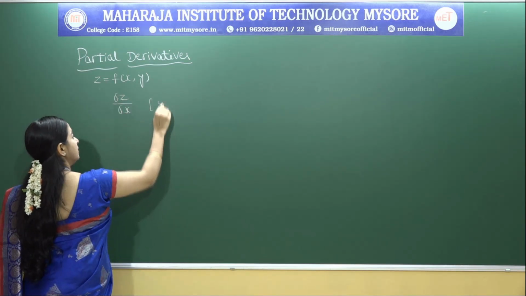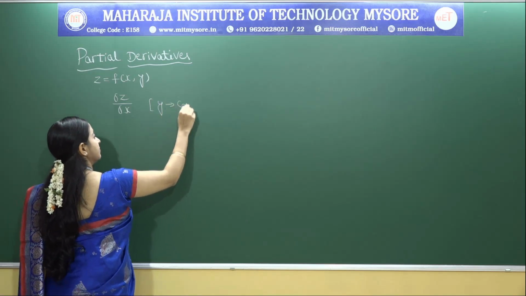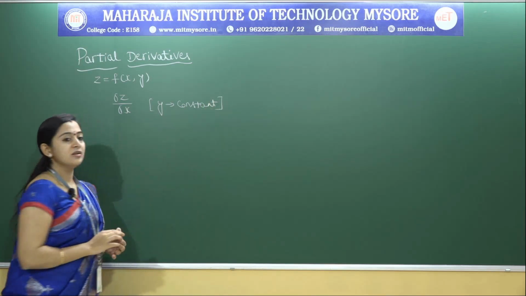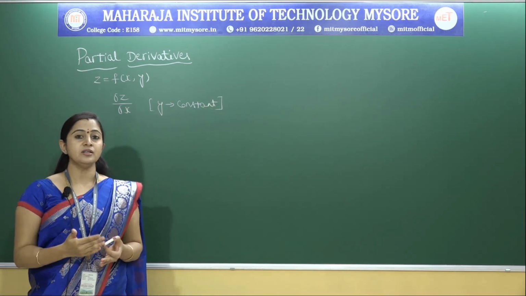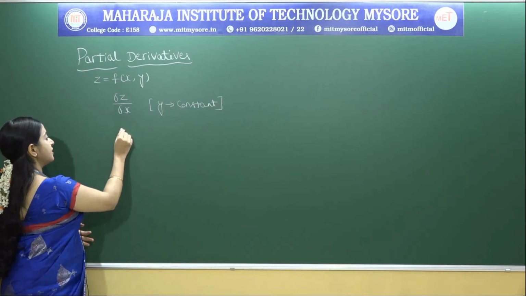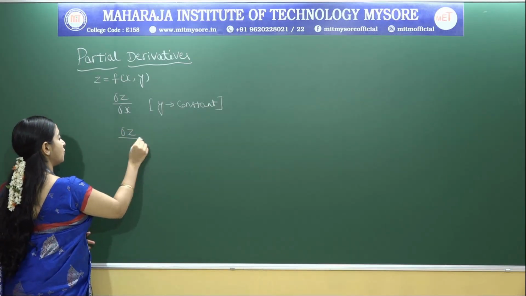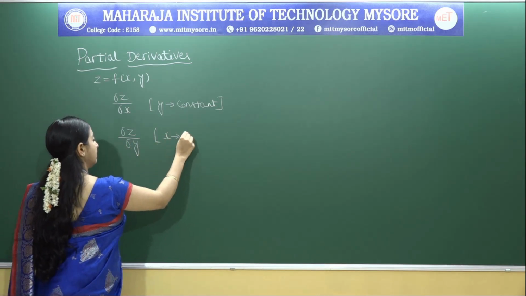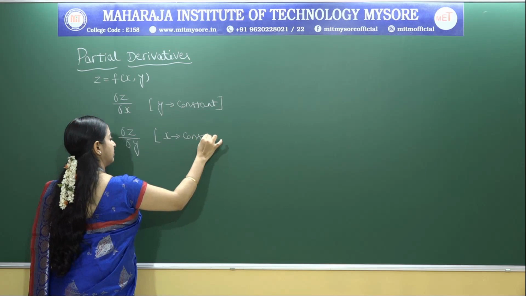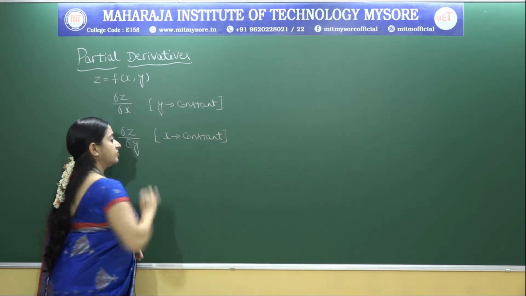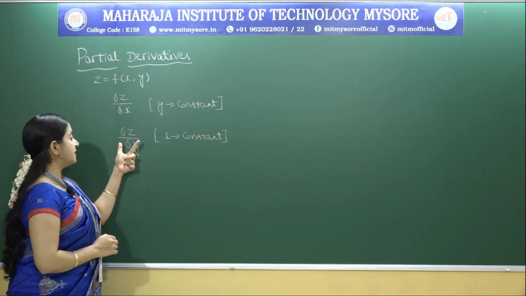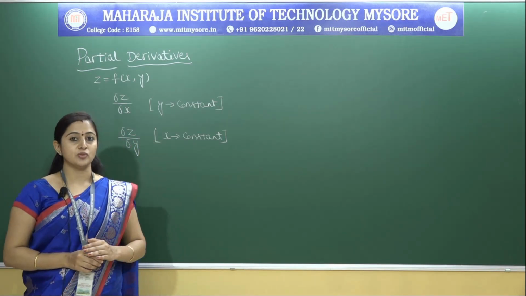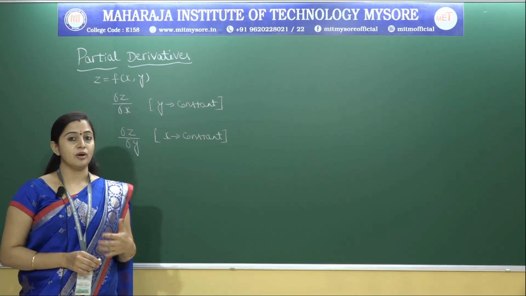Here the y term is kept constant. Second, the partial derivative of z with respect to y keeping x constant is denoted by del z divided by del y. These are called the first order partial derivatives, with respect to x and y.